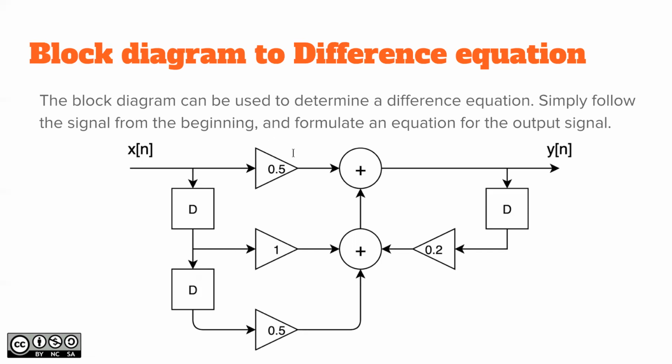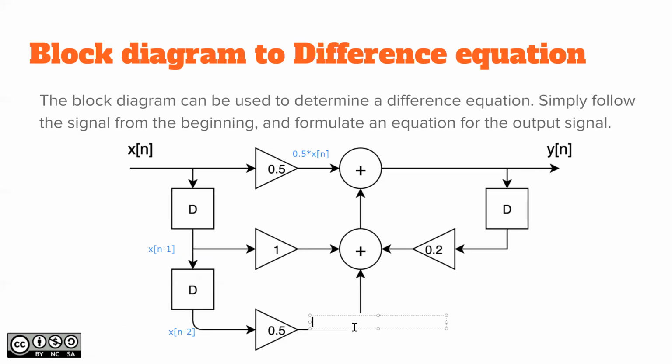In this system, at that point, we have 0.5 times x of n. At this point here, we have x of n minus 1, since we have that one time shift delay right here. At this point, we have x of n minus 2.